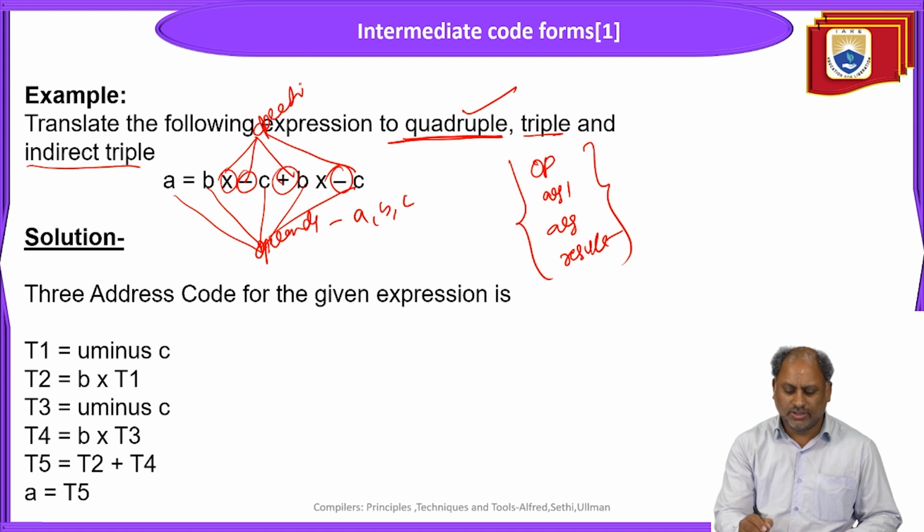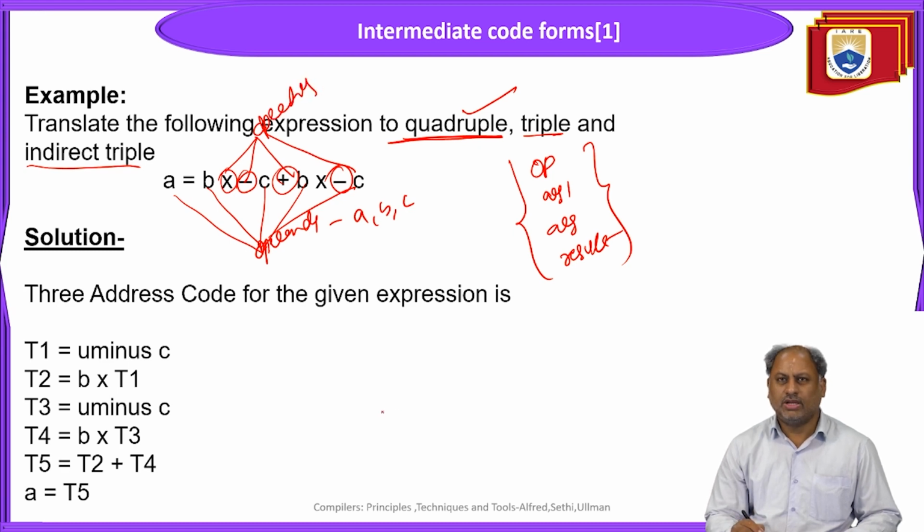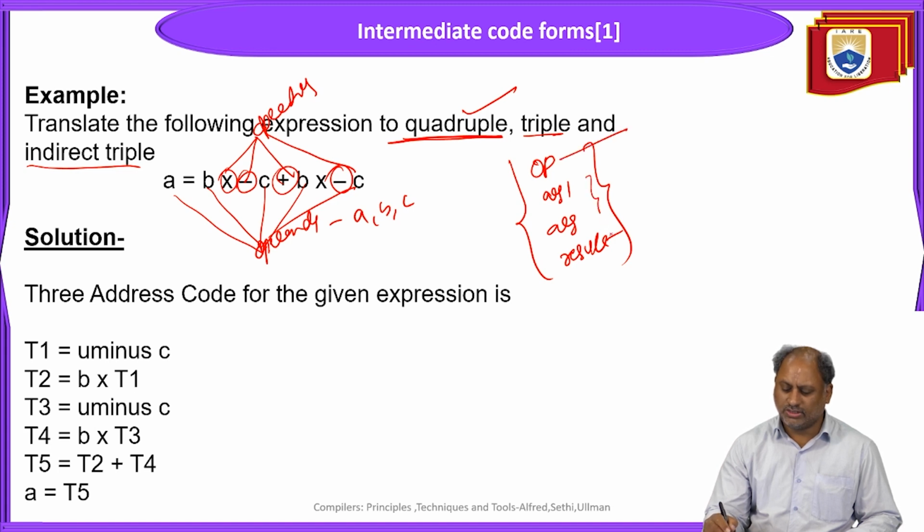These are all operators. But according to the syntax defining the quadruple representation, this 3 address code requires 1 operator and at most 3 operands. So it should satisfy the 3 address code notation, and then we can represent this.